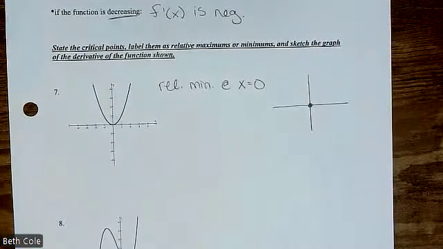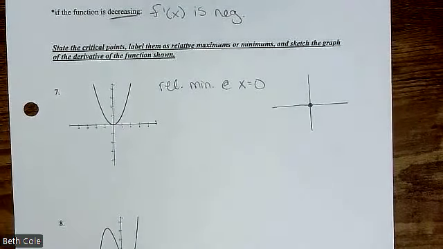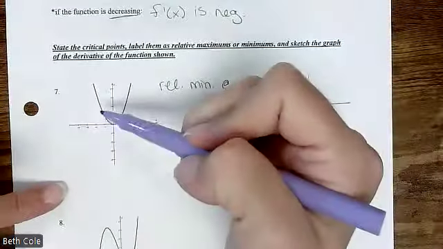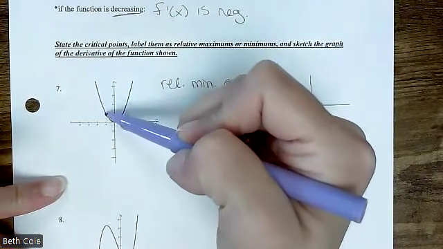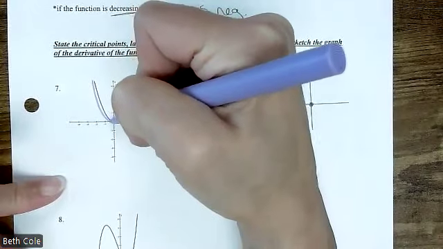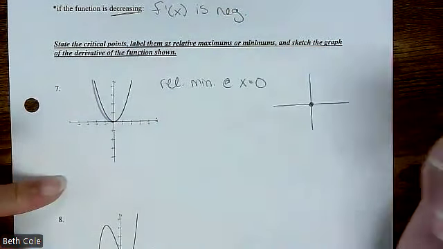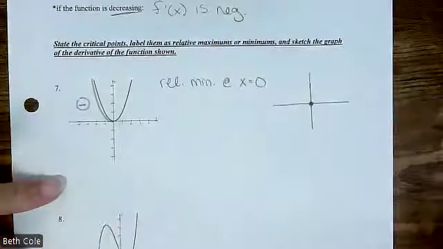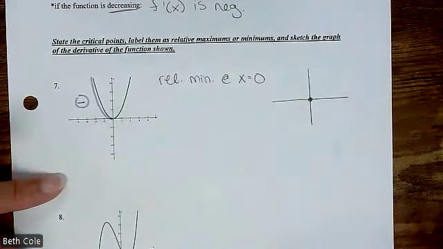Now here's where I'm going to color code. I'm going to use purple and green, but it doesn't matter, whatever colors you have. What is this graph doing first as I trace along? All right, decreasing, which means that our derivative should be negative, which means below sea level.